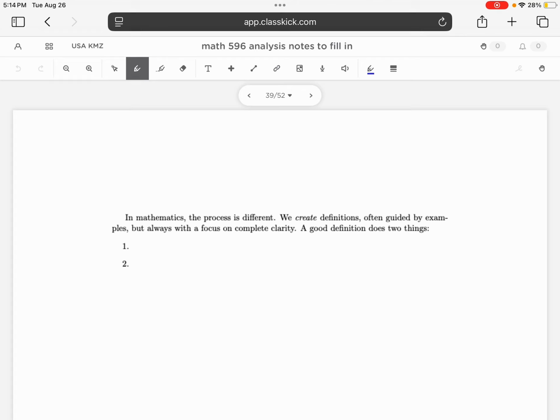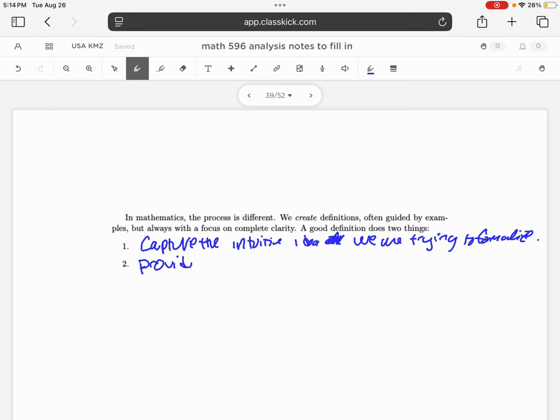The first is we need to be able to capture the intuitive idea that we are trying to formalize. We want to capture the intuitive idea, but we also want to make sure that the definition we come up with is rigorous and can be applied in all contexts.